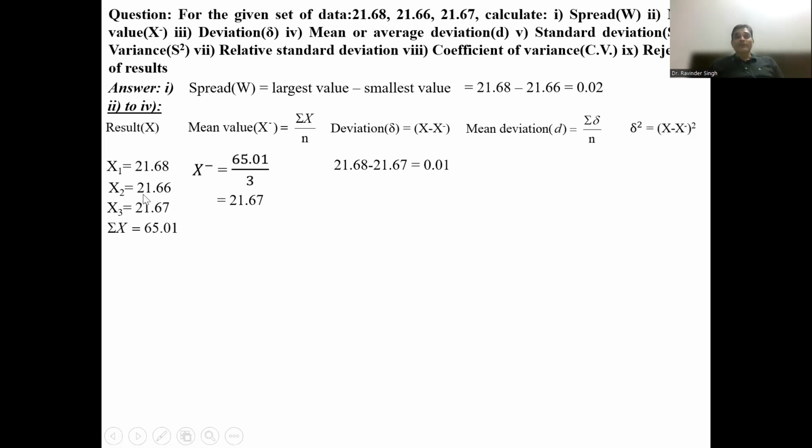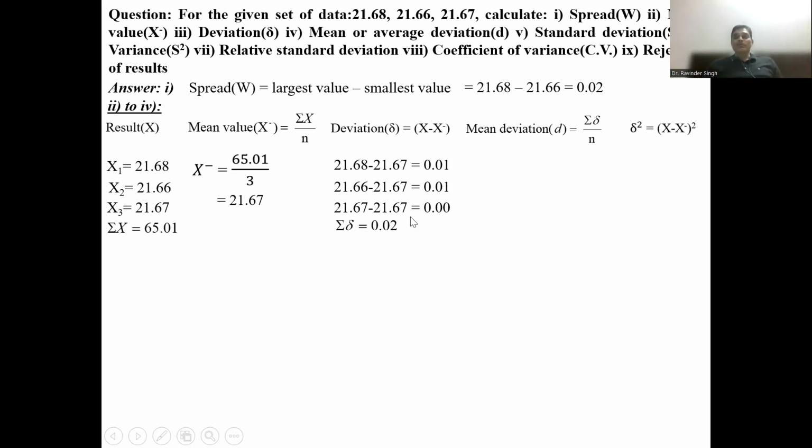Second value is 21.66 minus 21.67, that is the mean value. Answer comes out to be 0.01. We will never use positive or the negative sign for the deviation. हमने पहले ही डिस्कस किया था, हम एरर में यूज करते थे पॉजिटिव और द नेगेटिव साइन, बट इन केस ऑफ द डेविएशन we will just take the difference. No positive sign, no negative sign. Now for the third one, 21.67 minus 21.67 comes out to be 0.